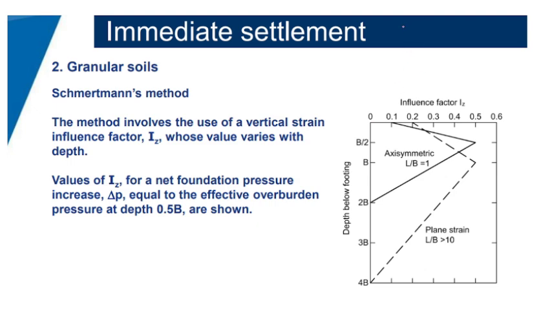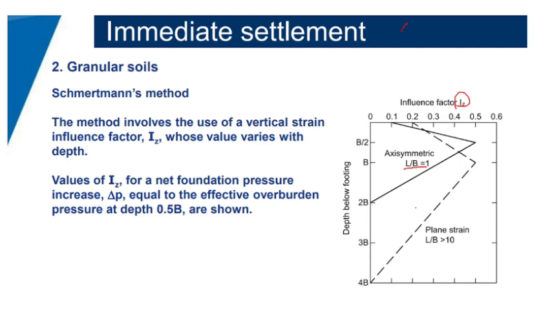So for the influence factor that you're going to identify, you're going to plot this one. For example, this is for L over B equal to 1, then this will most likely be your value of IZ. Take note that it would start with 0.1 and then go to 2B.